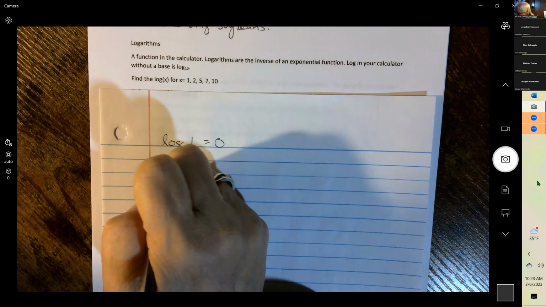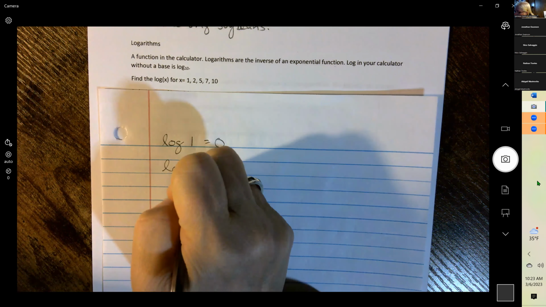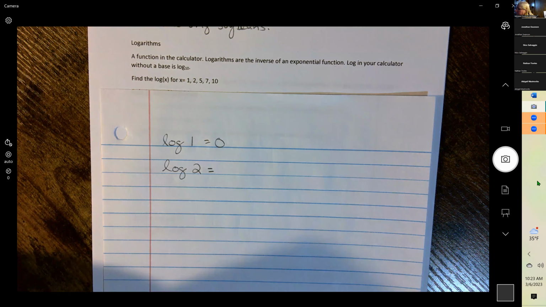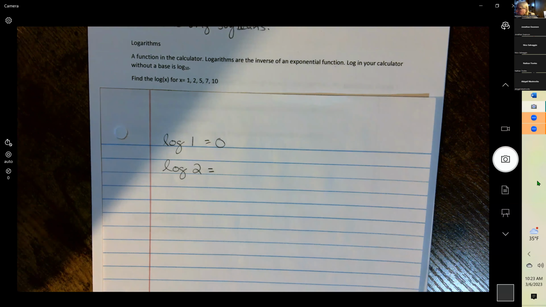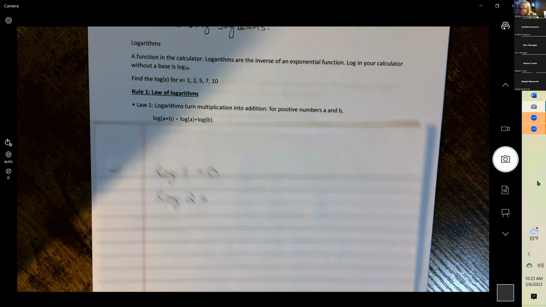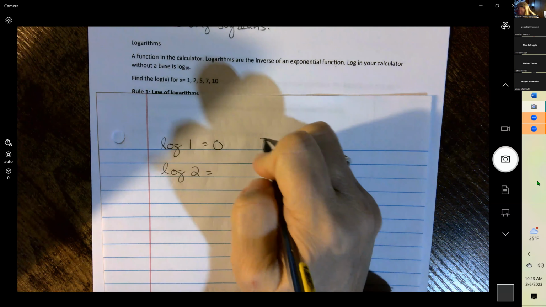Let's find the log of 2. Now, some of these are going to have big decimals. Well, I didn't say what to round to, so let's round to 2 decimal places.